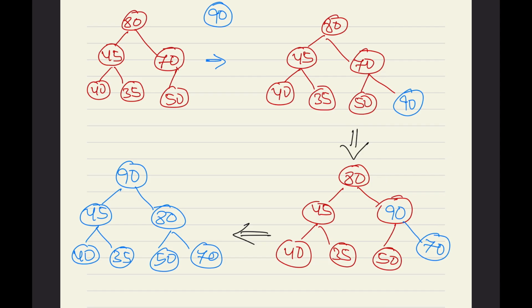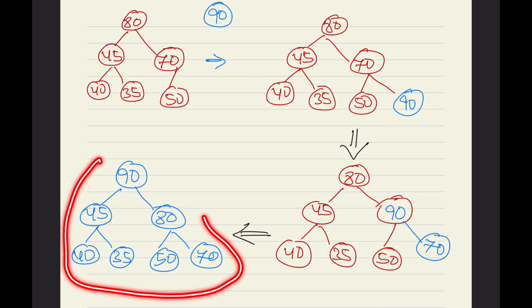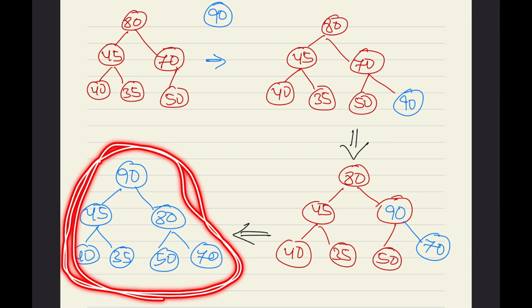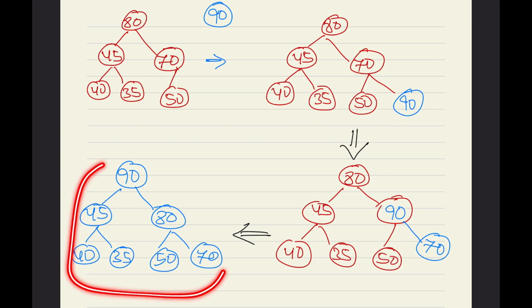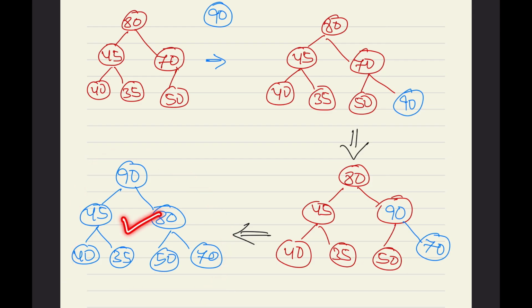Now you can observe that after swapping we got this tree, a heap or complete binary tree, where the heap property is satisfied. Here 90, you can see, the key value of the parent is greater than 45 and 80. 45 is greater than its children 40 and 35. 80 is greater than its children 50 and 70.